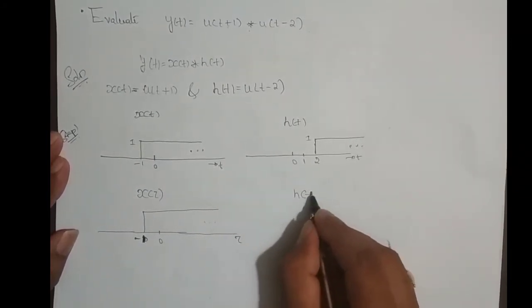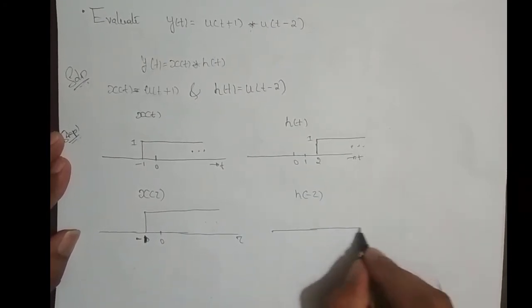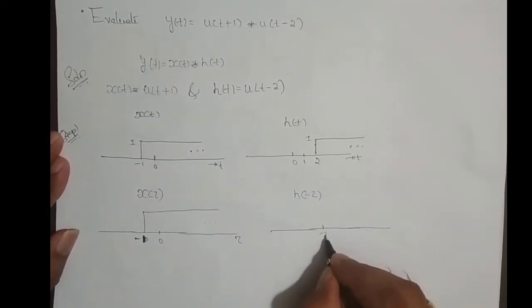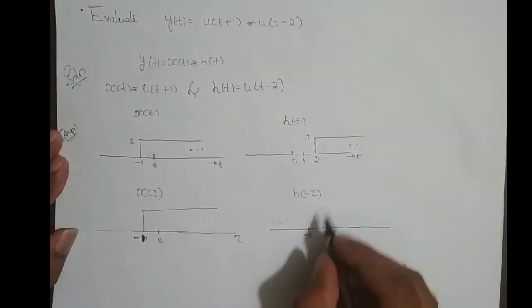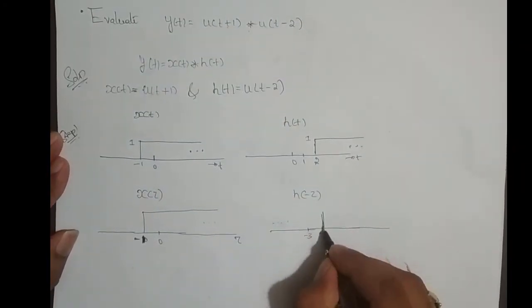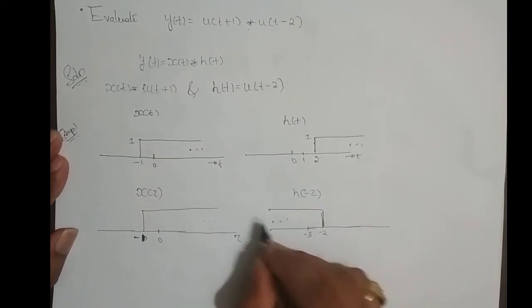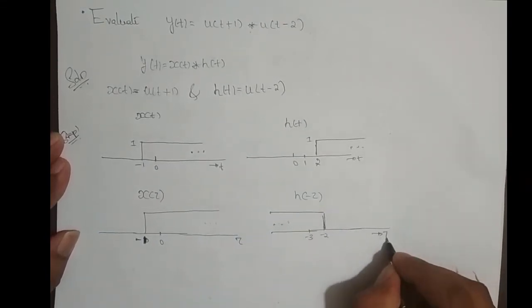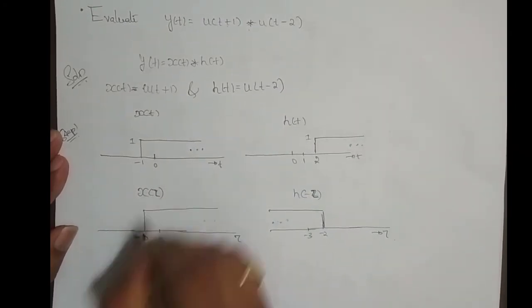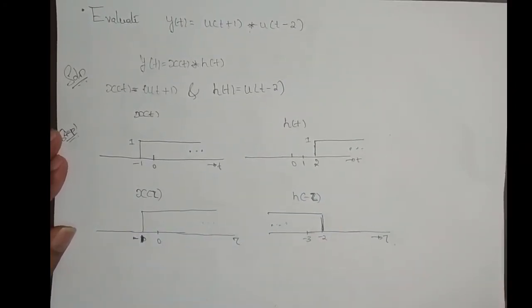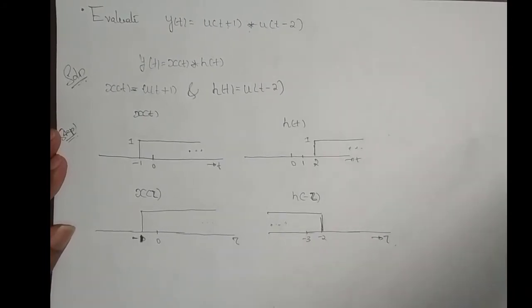How do we get h of minus tau? The mirror image of h of t. So this is minus 2, minus 3, and so on. This is the mirror image. It started from 2, so this will start from minus 2. This goes till minus infinity, and this is tau.